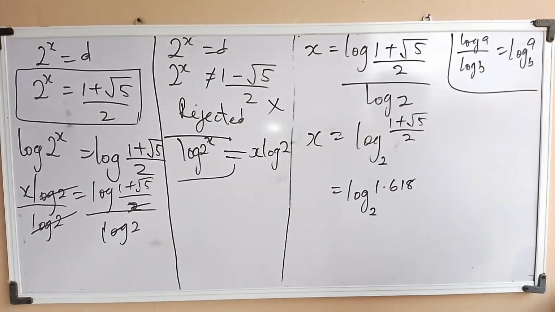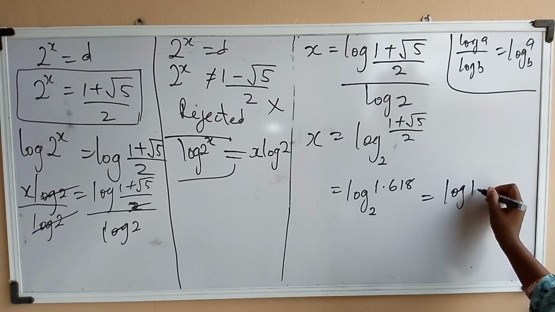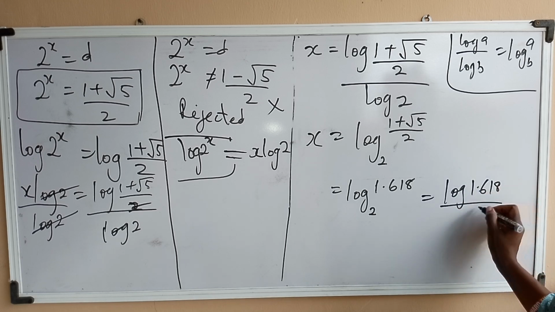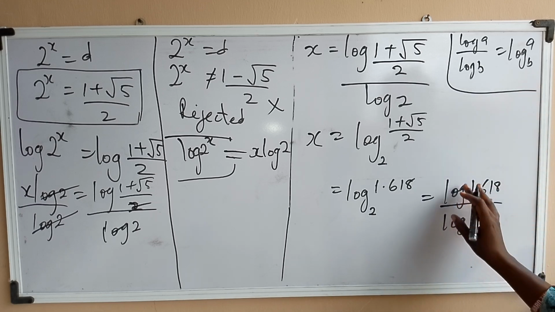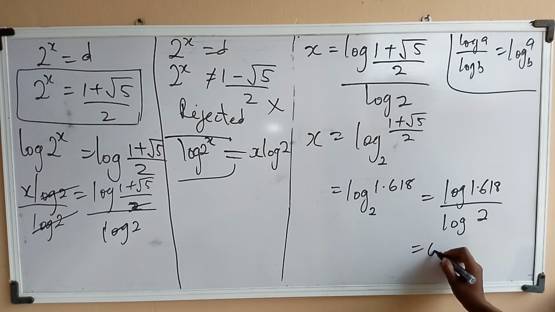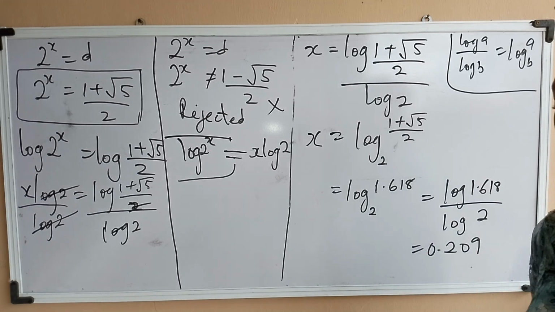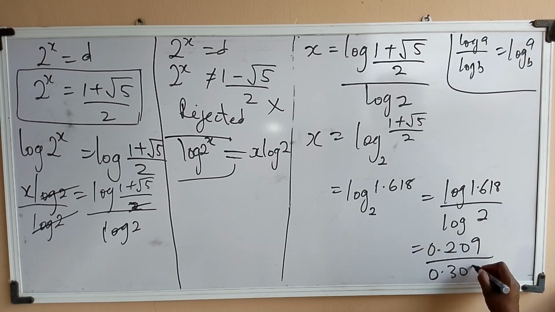Then the next thing we're going to do is to say this is the same thing as log 1.618 over log 2. Is that not so? So we take log 1.618, which will give us 0.209. And then log 2 will give us 0.301.